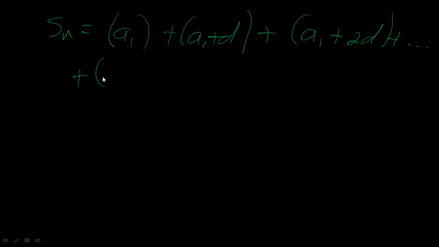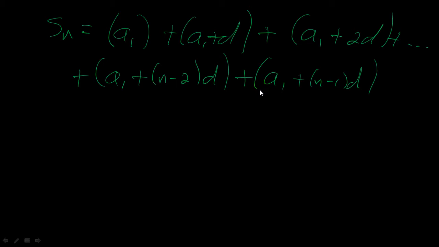Continuing with this, we will find the second last term to be A1 plus N minus 2 multiplied by the common difference. And the last term is obviously just our basic formula, A1 plus N minus 1 D, this is the basic definition of an arithmetic progression.